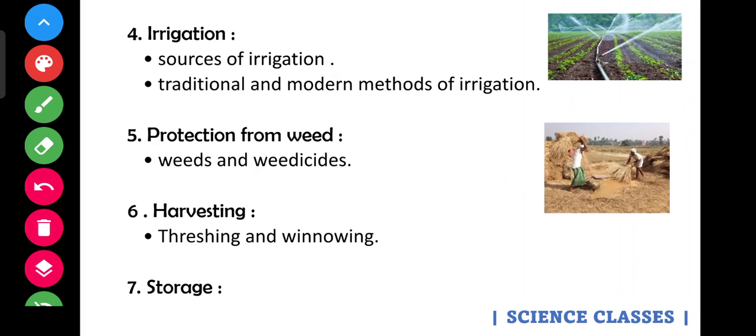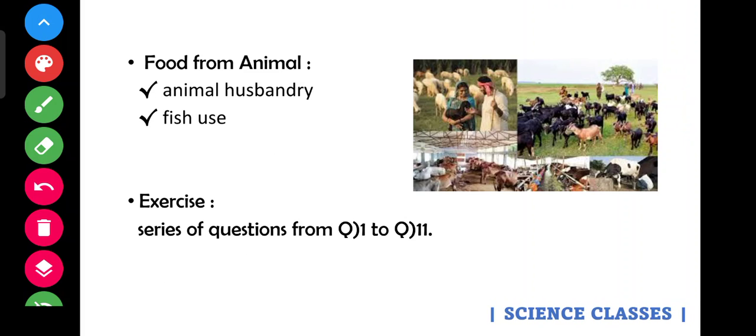The next one is the last one. Though our chapter is based on crops, that is about plants, our textbook has given a few introductions about animals too. That is food from animals. They have discussed animal husbandry.